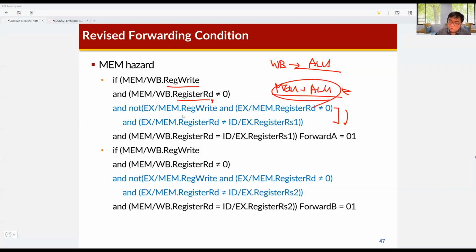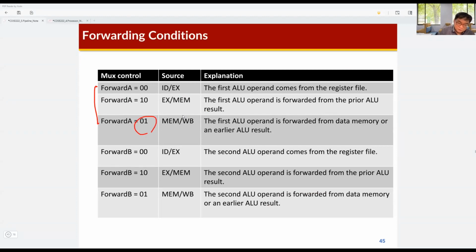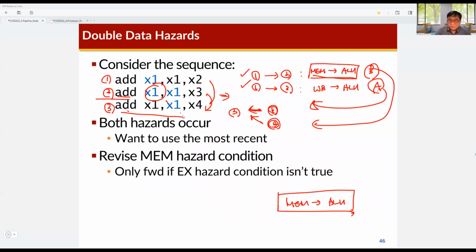If this condition is true, we need to disable the write back to the ALU data forwarding. So we need to check this condition, and if RD is equal to RS1, this is the basic condition, then forward A becomes 01. What is 01? This is this one, memory write back to the ALU. So we need to also consider this double data hazard.